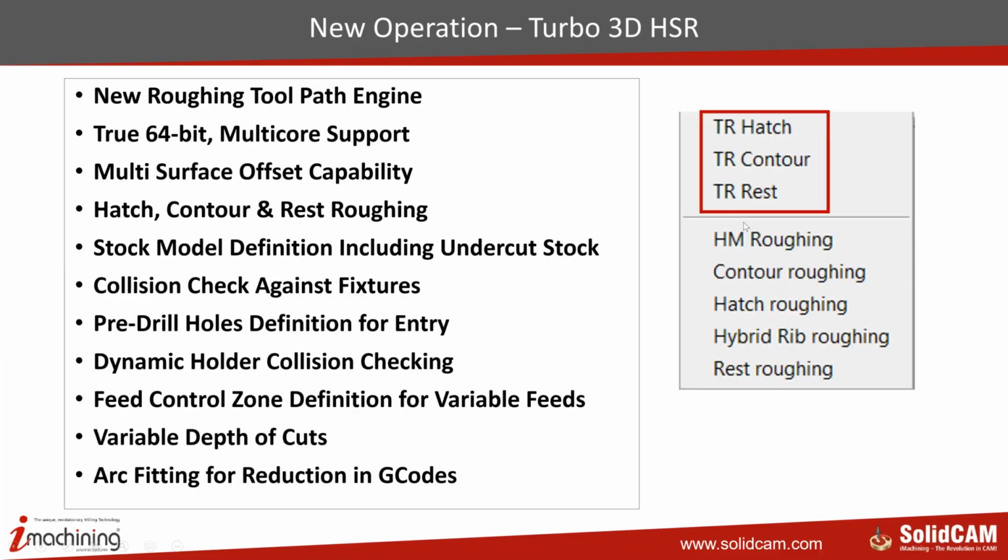Another major enhancement we have done is that we have introduced a new roughing engine. We have introduced Turbo 3D HSR and Turbo 3D HSM. This is a new roughing toolpath engine built on 64-bit. It supports multiple cores. With the new Turbo 3D HSR, you have the ability to define multiple surface offsets.